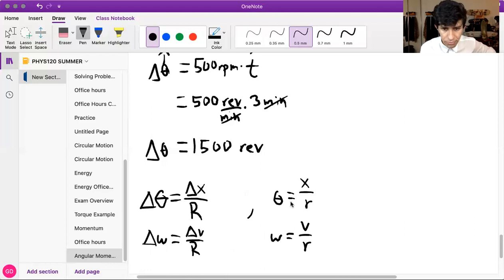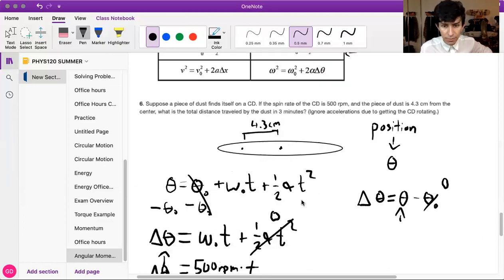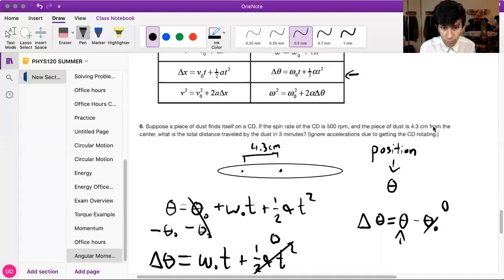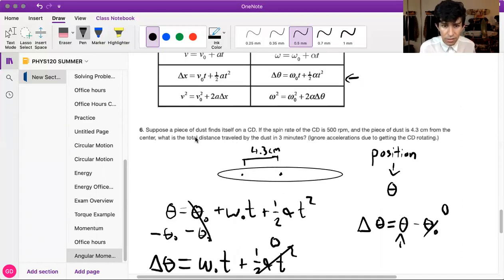So we have our theta. You can plug it in, so that's what we think. And we have the radius. The radius is 4.3 centimeters. But here's the thing. Our answer is in revs. If we want to get our answer, let's see, what do they want? What is the distance? Yeah, what is the total distance?